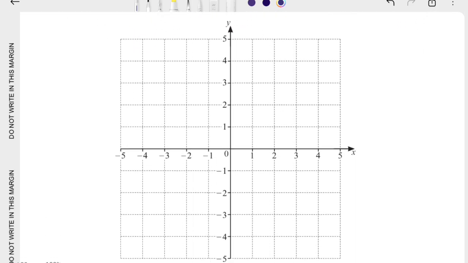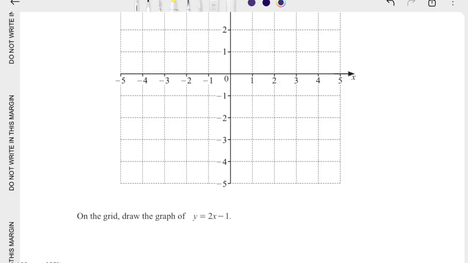Part B. On the grid, draw the graph of y equals 2x minus 1. For this purpose, we can draw a small table, x and y.